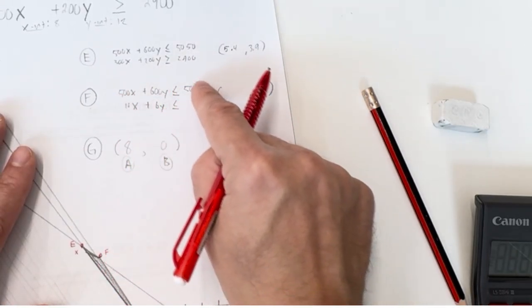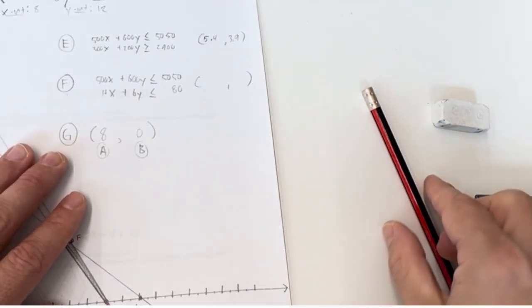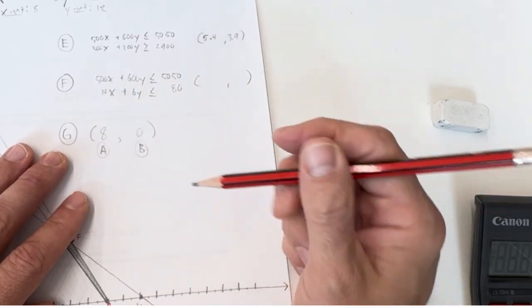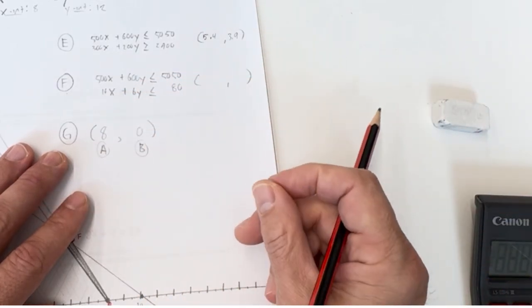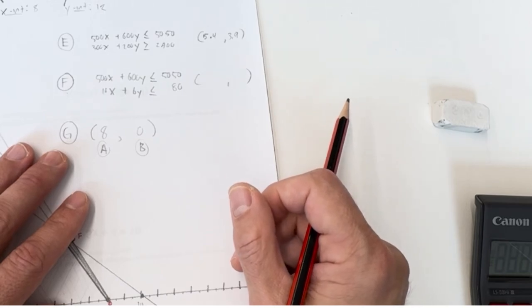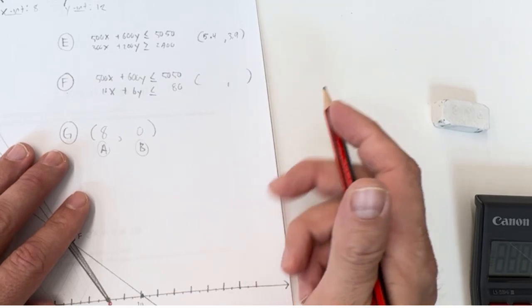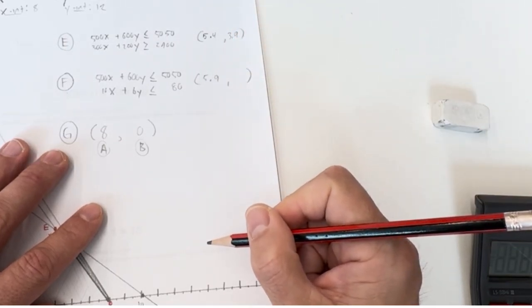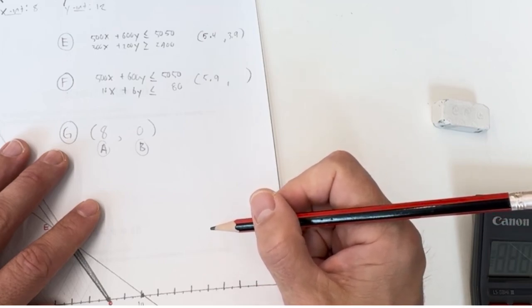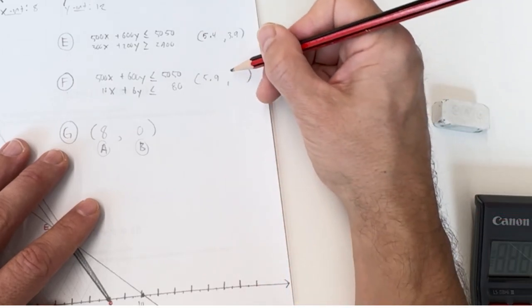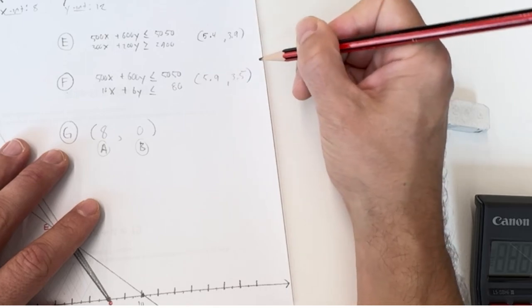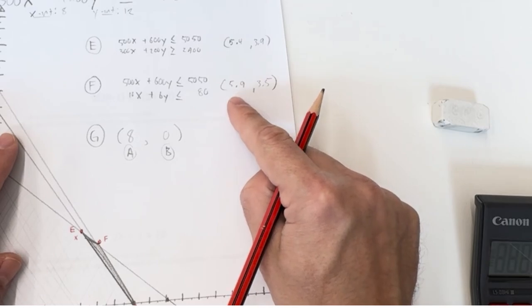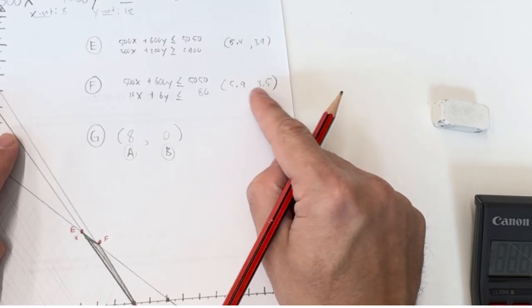If you did elimination for F, and you can do that, we did those types of problems earlier, what you would find is 5.9 and 3.5. And so again, you could look at this and say, well, what if I tried 6 machines and either 3 machines or 4 machines?